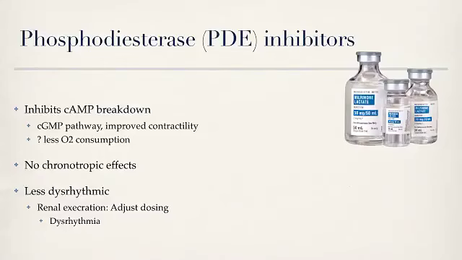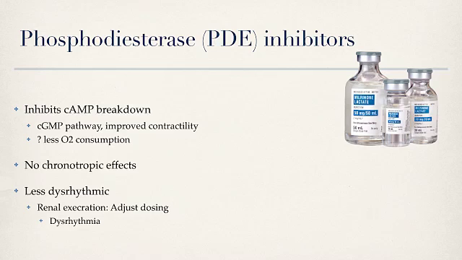Here's another category of drugs, phosphodiesterase inhibitors. Milrinone and amrinone were the classic two drugs we use there. They inhibit cyclic AMP breakdown. Catecholamines end up increasing cyclic AMP in the cells, but cyclic AMP is broken down to terminate the effect.